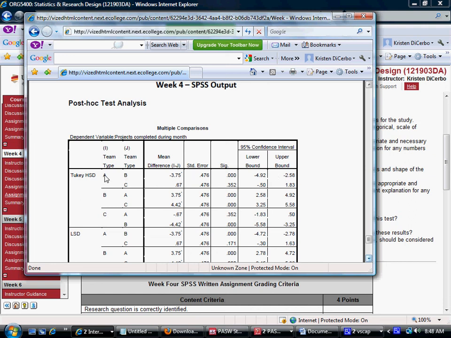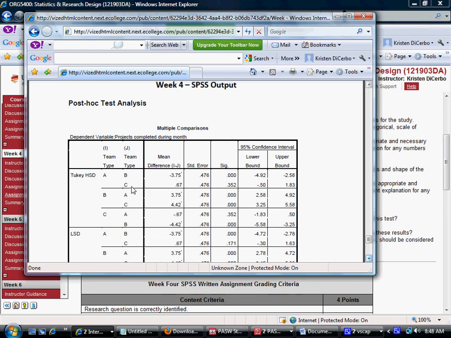The second row is the comparison of team A to team C. That's this row. Okay, now it gives all possible combinations. So the next row is team B to A, and you'll see that's just exactly the opposite of A to B. These are the same numbers. You don't need to report all those. But we haven't yet seen B to C. And so B to C is this 4th row right here.